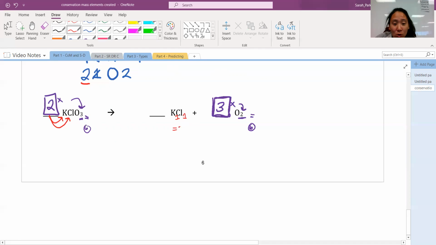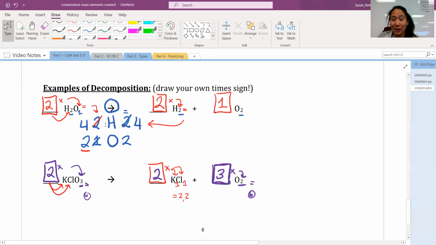But if my goal is 2 of each, then what number do I need to put here to multiply by each of these to get 2 instead? Then you would be like, oh, I need to put 2 here because 2 times 1 is 2, 2 times 1 is 2. So what is the answer to this problem? It's 2, 2, 3. Some of you, like I said, can do all of it in your head. Great. Okay. If not, I highly recommend writing it out and counting it out. All right. We'll do some more practice.